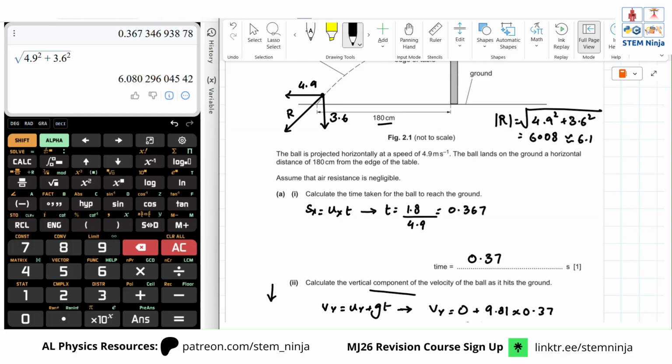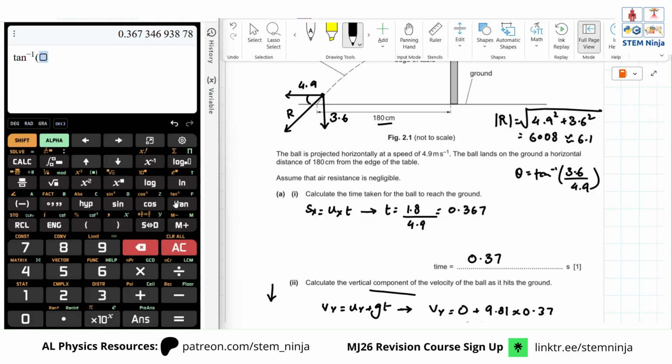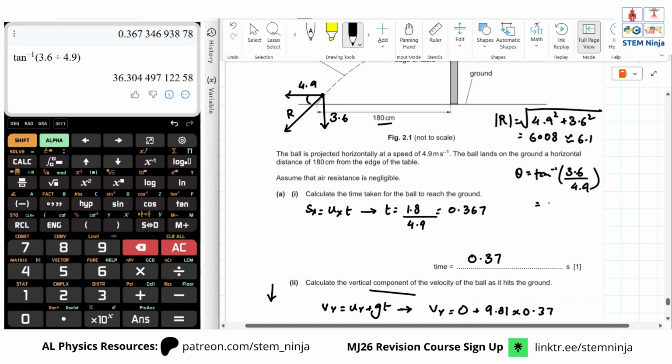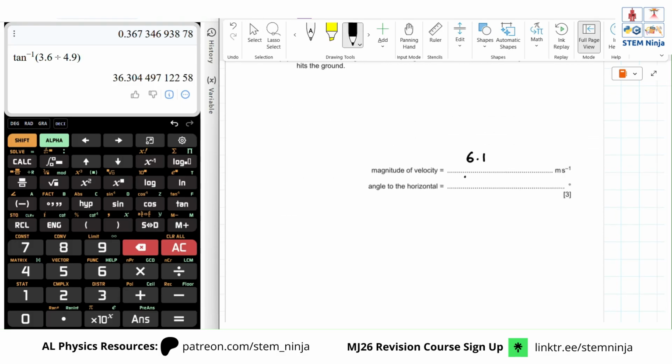And the angle would come from tan inverse of 3.6 divided by 4.9, 36.3 degrees, so roughly about 36. So this would be 6.1 and 36 degrees.